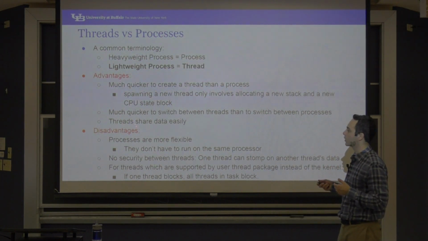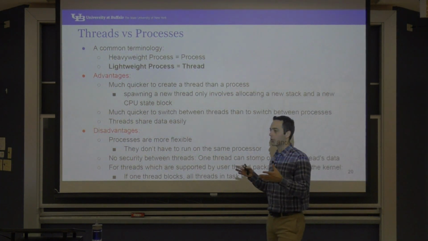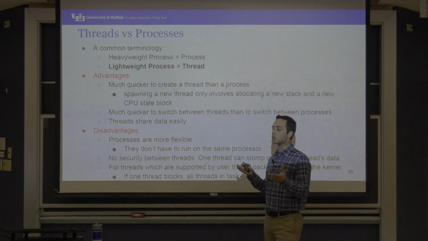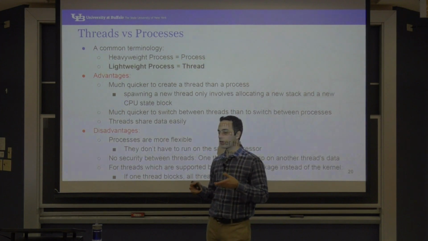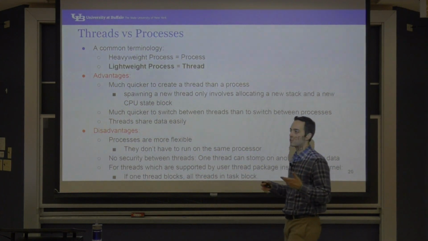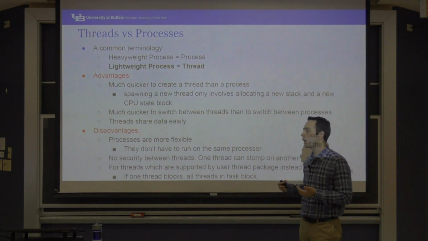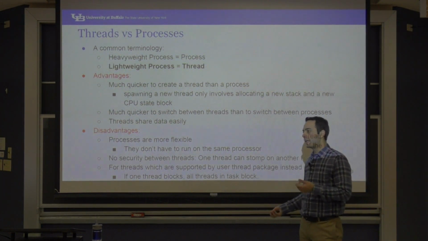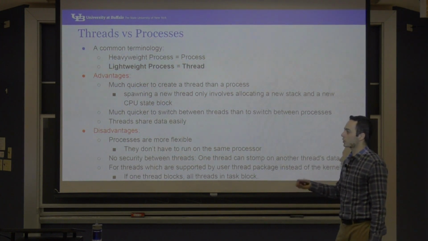And this is also very important: threads share data easily. If you have a task where, as a designer, you want all the workers to have access to shared data, using different processes makes it more difficult, because you have to use either specific shared memory access or IPC. But threads basically share the data that you want.